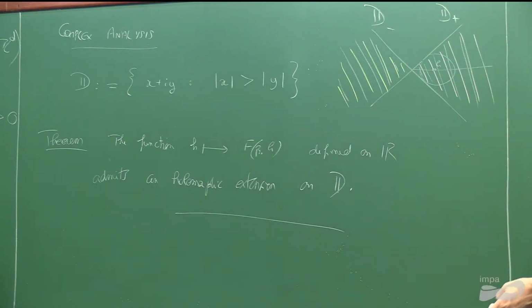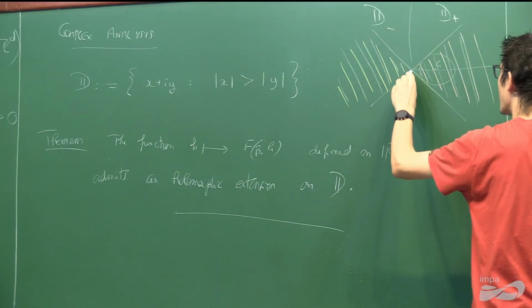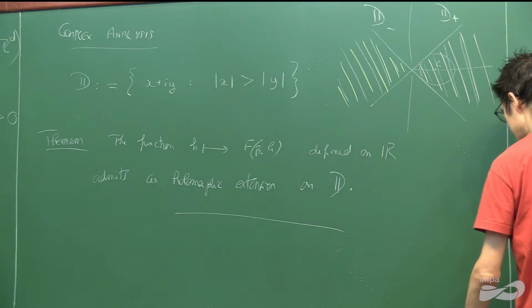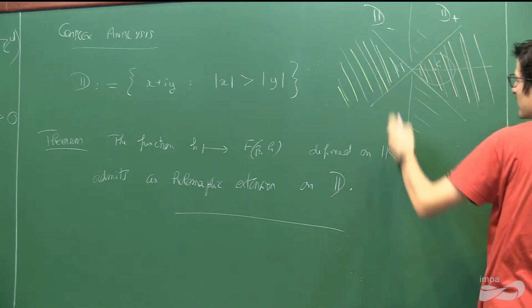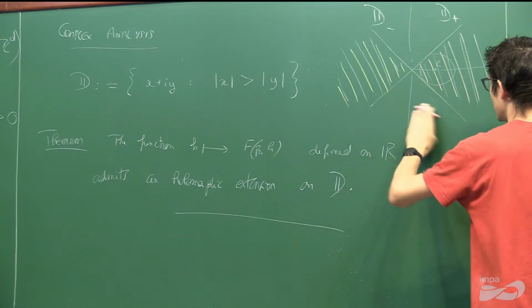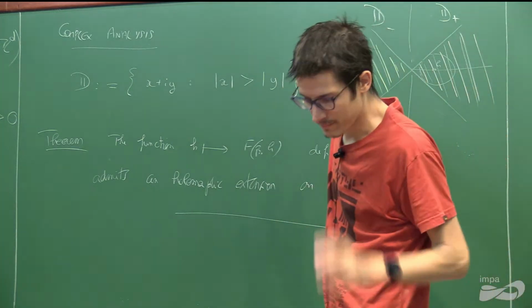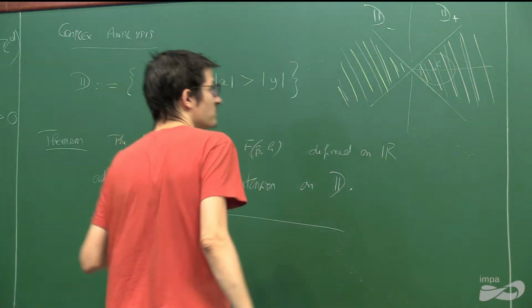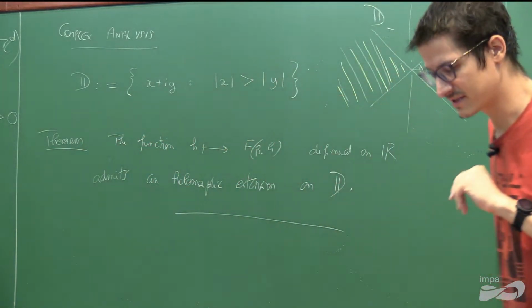It turns out that you can in fact prove that analyticity holds on the full plane minus this line, but I don't think it's worth the hassle to prove this more precise result, because I find this considerably easier.